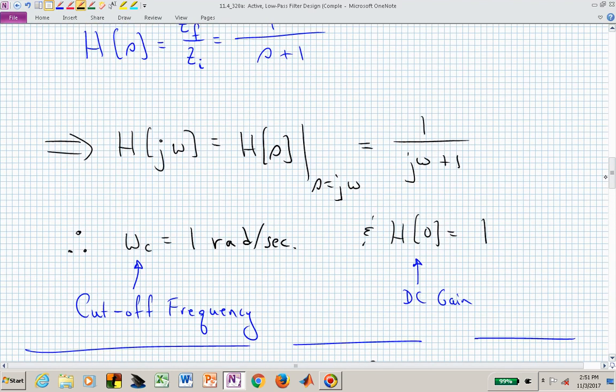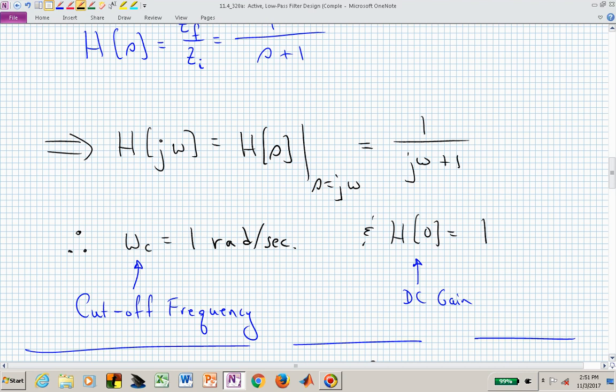Now, we have a bandwidth of 1 radian per second, so that's our break frequency, and we have a DC gain of 1. So you can see what the Bode plot looks like. It's 0 dB, since log of 1 is 0. It's 0 dB until we reach omega c, the break frequency of 1, and then it rolls off into the stop band at -20 dB per decade.